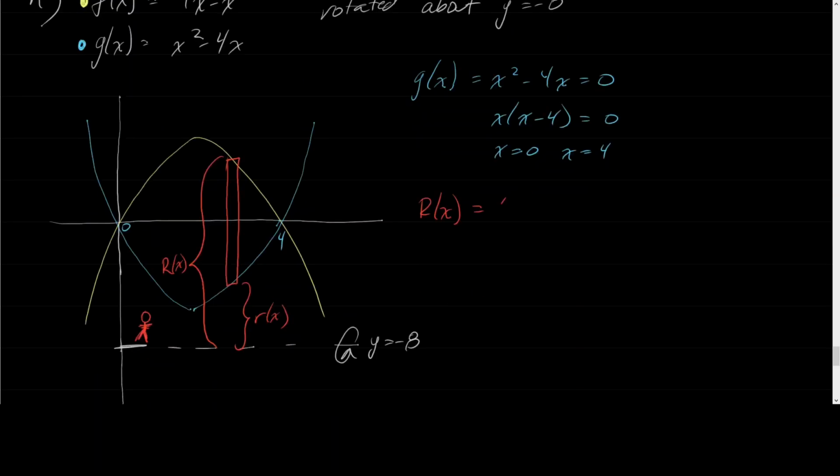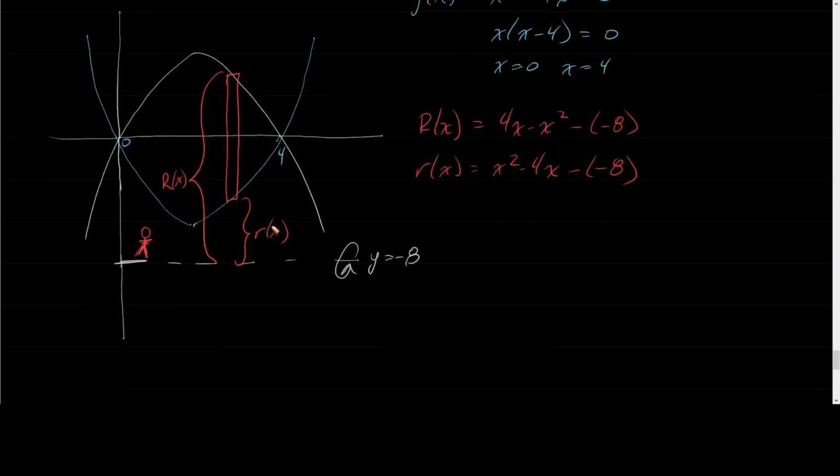So we have 4x minus x squared minus negative 8. And then the little function r of x is going to be x squared, right? X squared minus 4x minus negative 8. And they're both going to be going from 0 to 4.